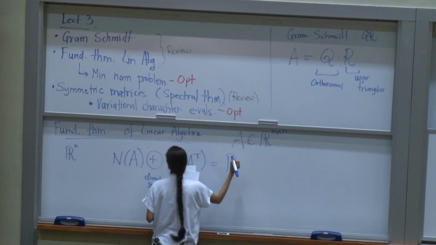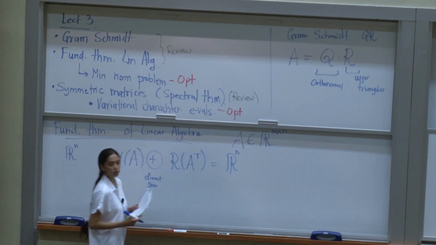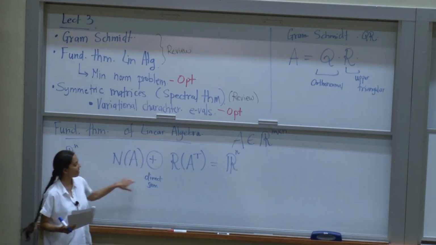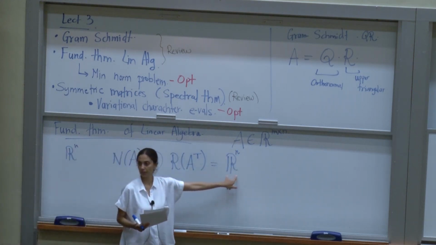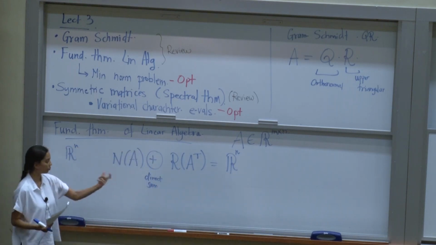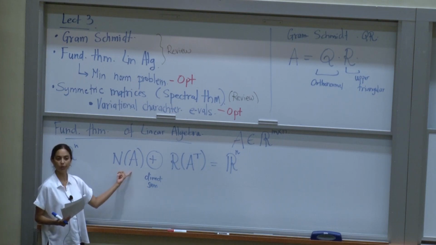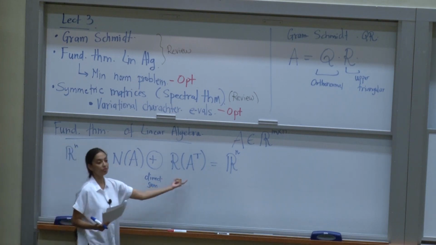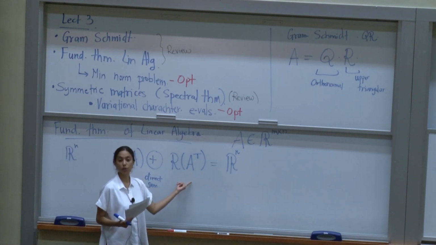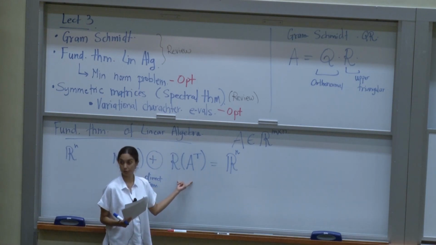And this is equal to Rn. So what this is saying is that any vector in Rn, I can write it as the sum of one component that belongs to the null space of A and another component that belongs to the range space of A transpose.